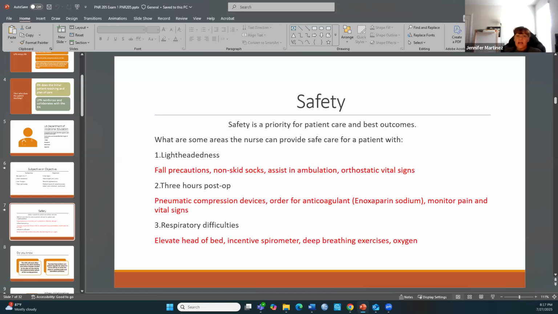Deep breathing exercises, even turning, coughing, could be effective in some of our patients, depending. But deep breathing, we want to get that airflow. The goal here is to prevent pneumonia and things like that from occurring. Oxygen is always an option as well.